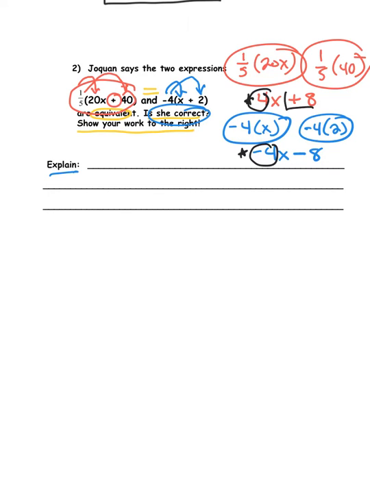And if I look at the constant of each expression, this is a positive 8, and this is a negative 8, or minus 8. So obviously the two expressions are not the same. In fact, they may look similar, but because of the signs, they are not the same. So no, Joquan is not correct.